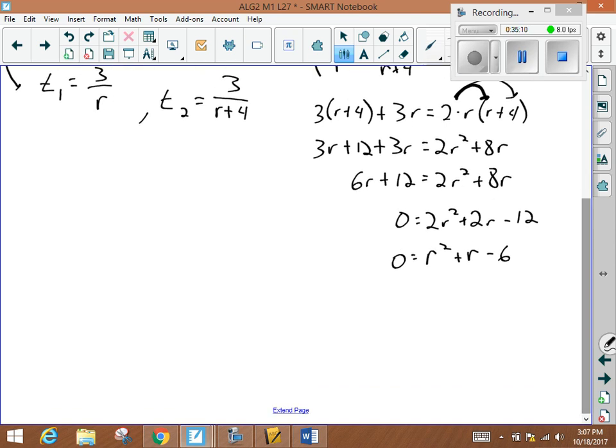And that's much better, because that actually can be factored. This is going to be positive 3 and negative 2. So that means that my rate is either negative 3, which doesn't make sense, or my rate is 2, which is great, right? That one, negative speed, doesn't make sense. So my rate is 2.